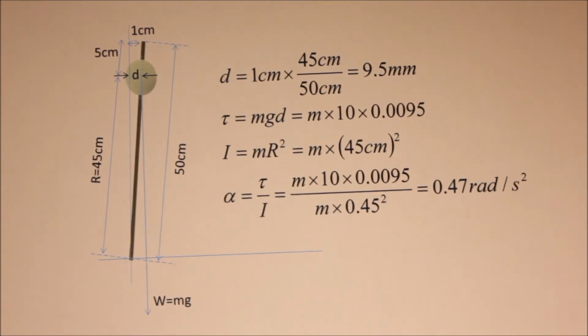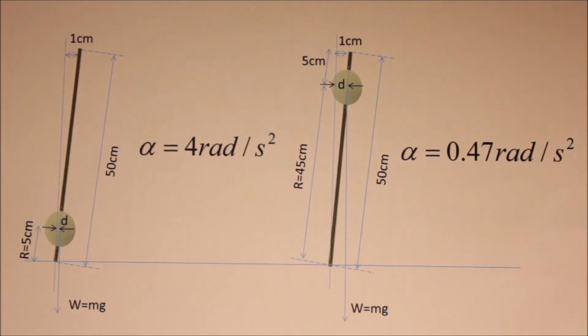If the weight is at the top, we can control the stick much more easily because it accelerates more slowly. If the weight is at the top, our brain has more time to adjust the balance of the stick by moving our hand to compensate for the falling.